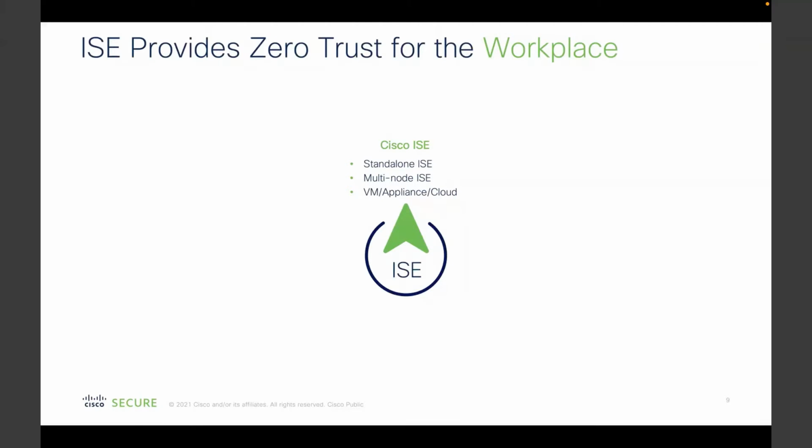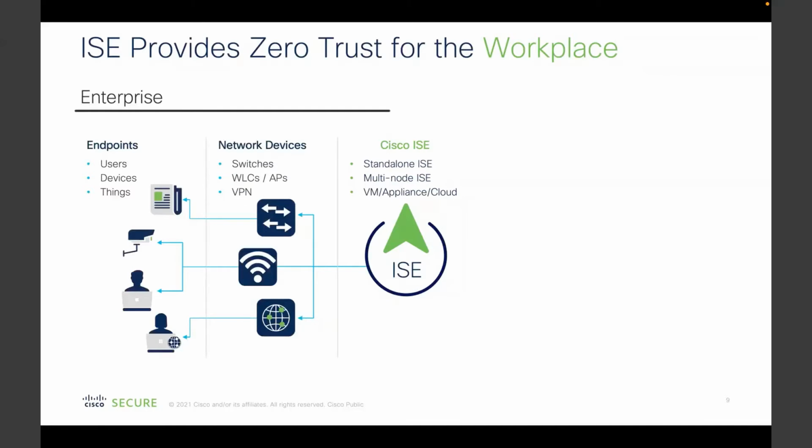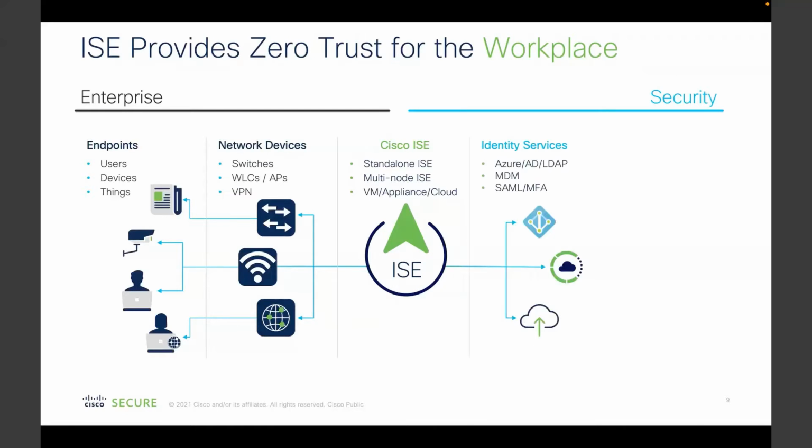So ISE is a AAA server, authentication, authorization, and accounting server that you deploy in your network. And it allows you to do enterprise-based network access control using your many network devices for wired, wireless, and VPN, so that when your users and devices come in, we can authenticate them using backend identity stores such as Active Directory or LDAP or ODBC or SAML, OAuth, things like that.